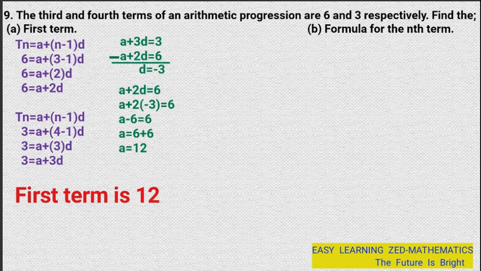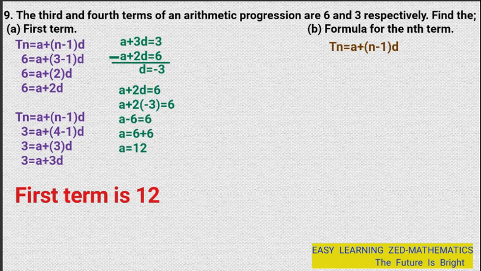Okay, let's come to B. The question in B is to find the formula for the nth term. So again we're going to use the formula for the nth term, which is Tn is equal to a plus (n minus 1) multiplied by d.